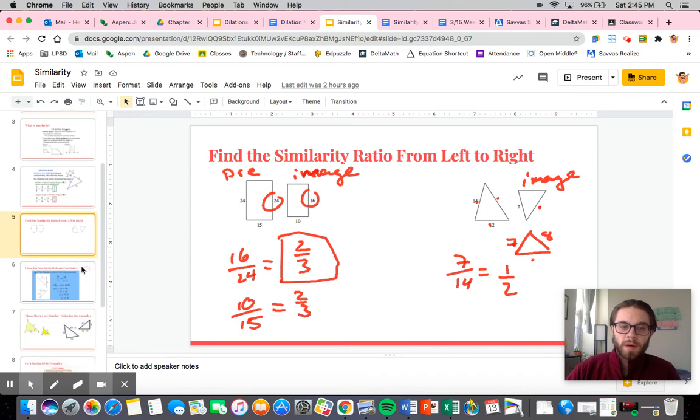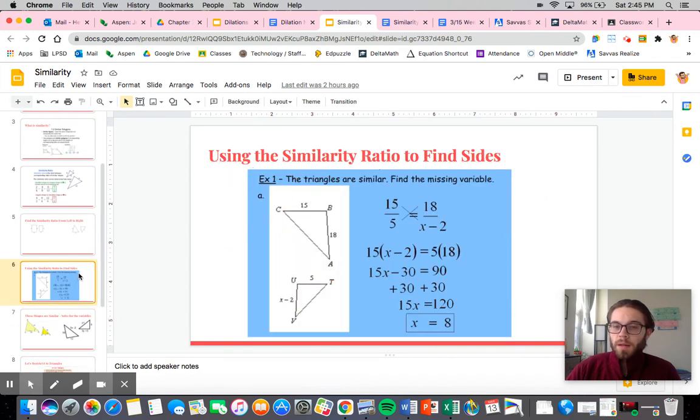So where do we go from here? Well, that's great, but we can actually also set these up so that we can solve for sides, all right? So if we know the 15 is corresponding to the 5, and the 18 is corresponding to the x minus 2, we can set these up in a proportion because we know they're going to be in the same ratio, okay?